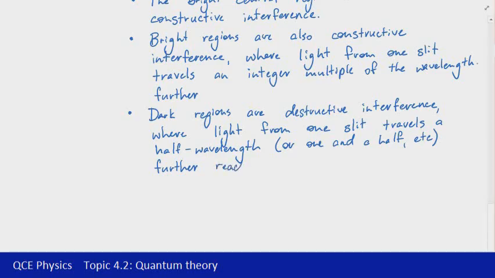And that means that it's going to then reach the screen out of phase. So the two sources are now doing opposite things at the same time, and so they'll cancel each other out.